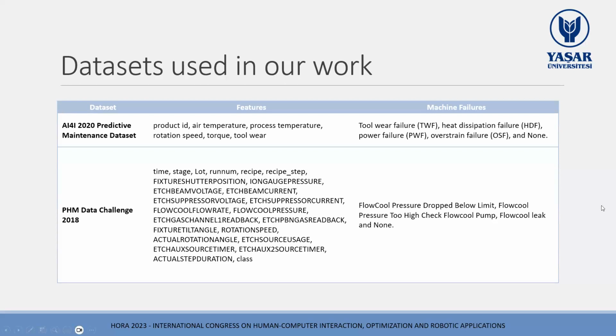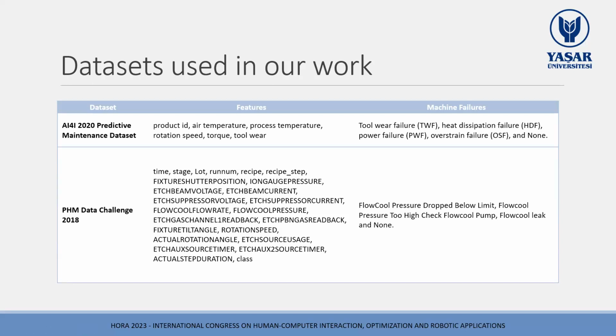So it has 5 different failure types and 6 different features. And the second is the PHM Data Challenge 2018, which presents a recent real-world data set collected from 16 Ion Mill edge tools that were utilized in a wafer production process. This is the second part of our study.